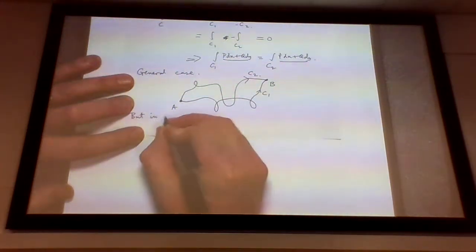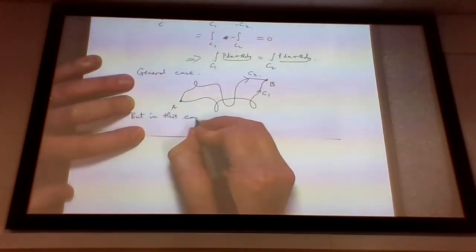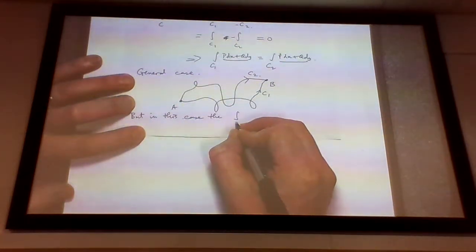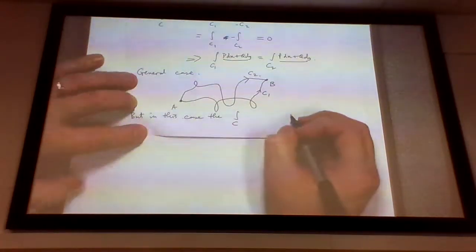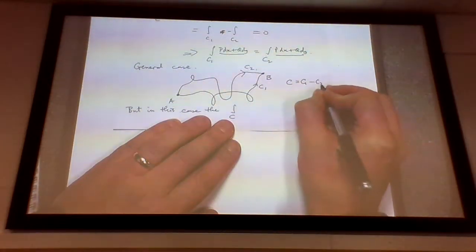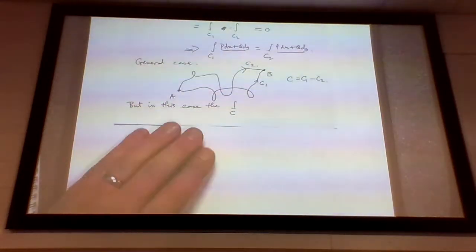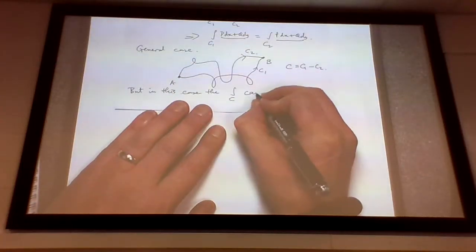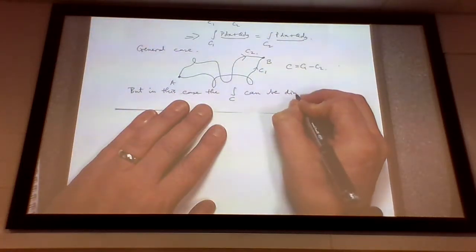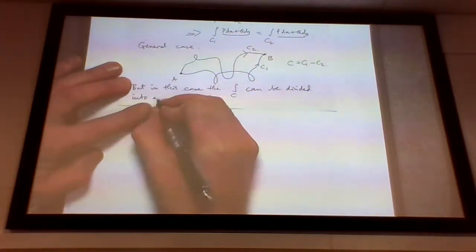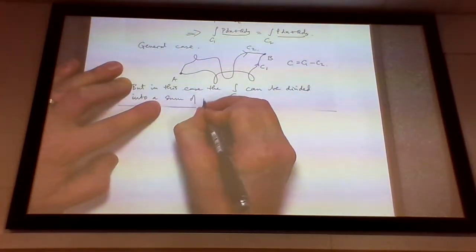But in this case, if we take C as being C1 minus C2, the integral along C can be divided into a sum of integrals like the special case.